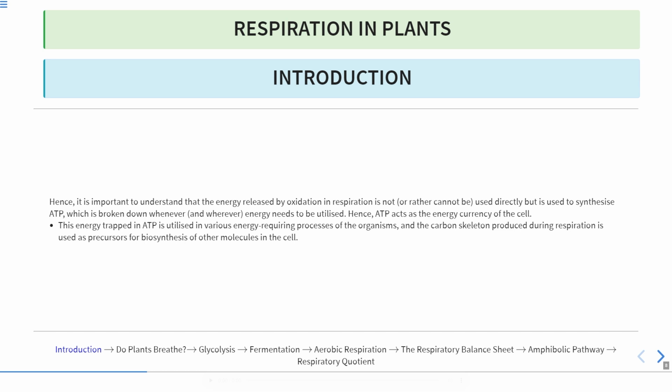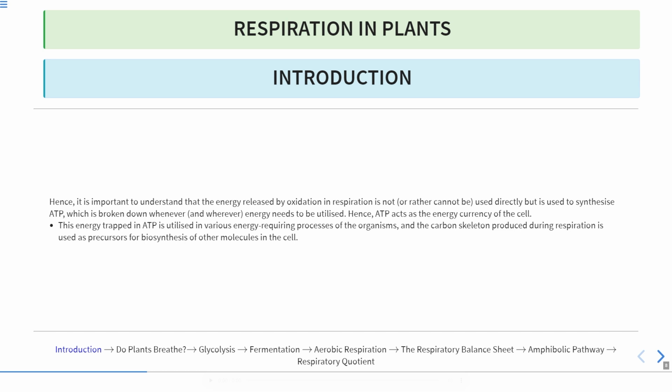Hence ATP acts as the energy currency of the cell. This energy trapped in ATP is utilized in various energy requiring processes of the organism.